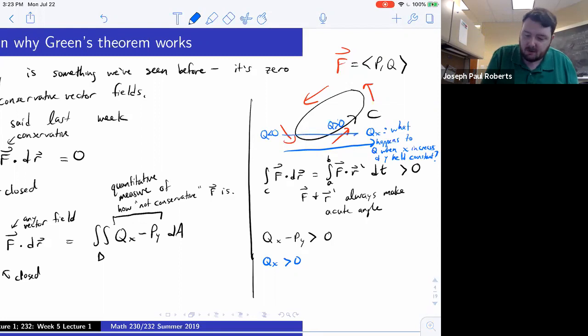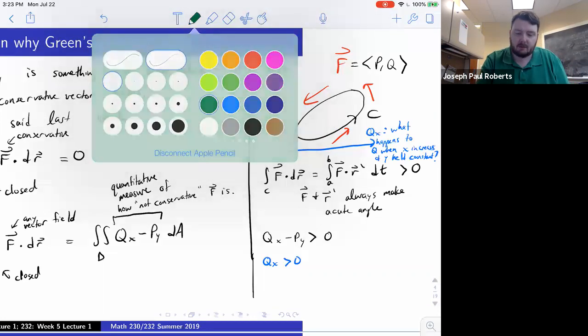It happens here as well: as x increases, the vertical component increases. So Q goes from negative to positive, which means the x partial of Q is positive.